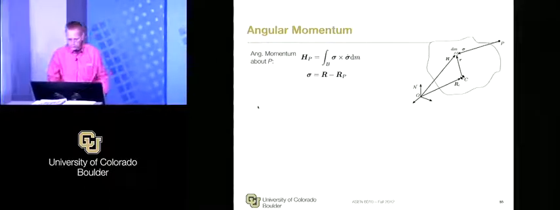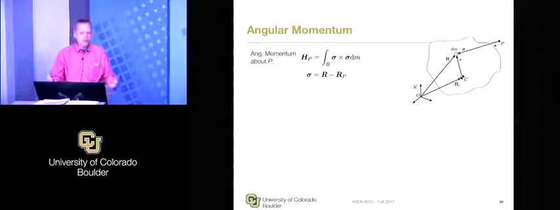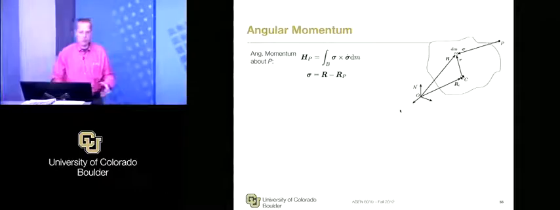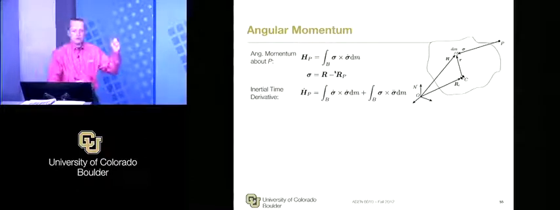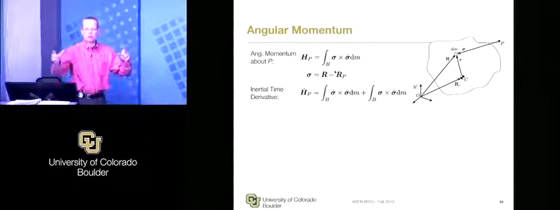So here I'm solving it once and for all, where I have a point P that's generally somewhere. It could be the center of mass, it could be attached to the body, or it could just be floating in space, or accelerating, or whatever it's doing, all right? So I have the moment arm is this position vector minus RP. So that gives me this vector sigma that you'd have, right? And angular momentum is basically, you always got position crossed with linear momentum.